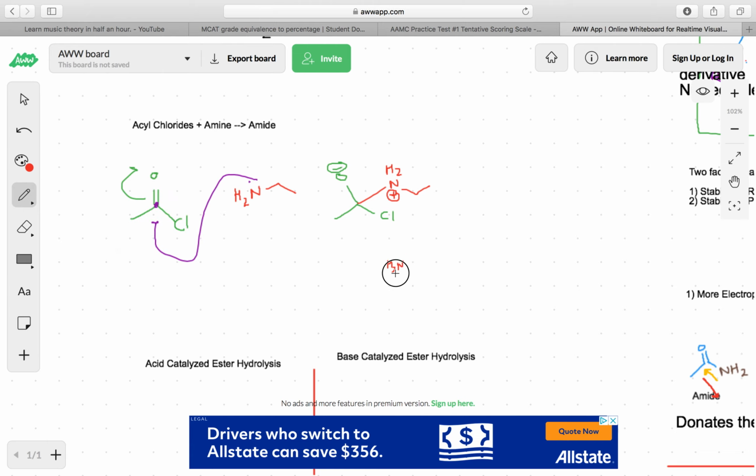NH2. It's going to come in, and it's going to deprotonate this and kick it off. So we should see something like this.